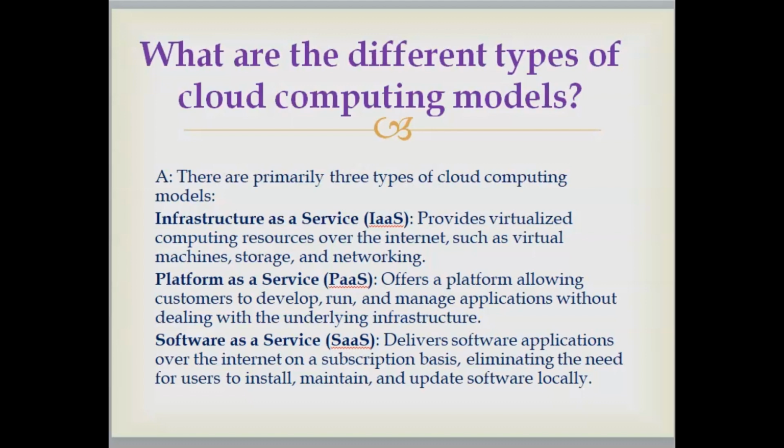Platform as a service offers a platform allowing customers to develop, run, and manage applications without dealing with the underlying infrastructure. Software as a service delivers software applications over the internet on a subscription basis, eliminating the need for users to install, maintain, and update software locally.